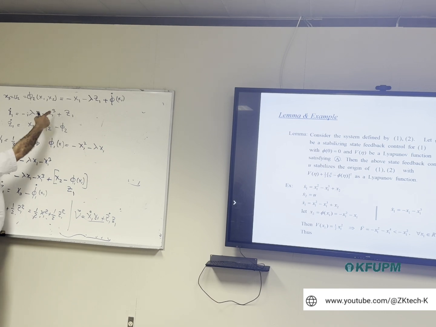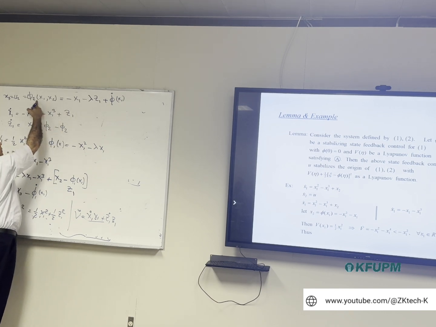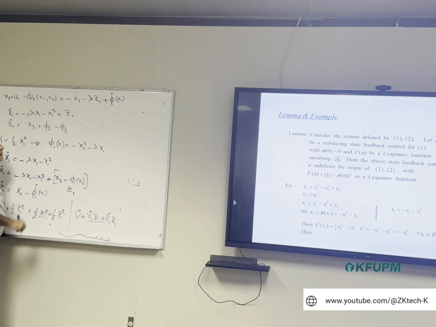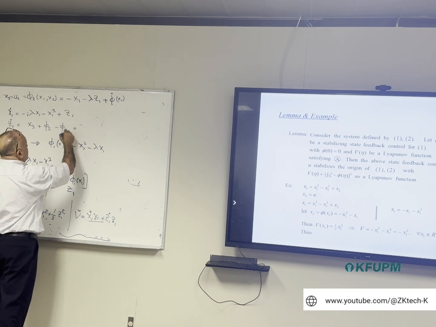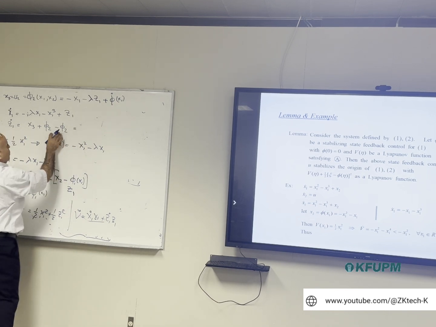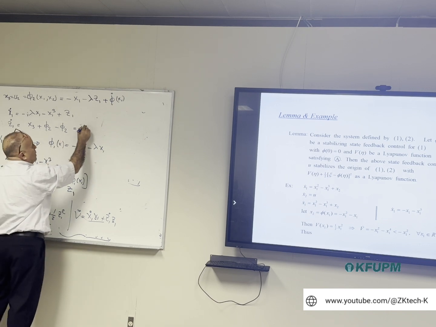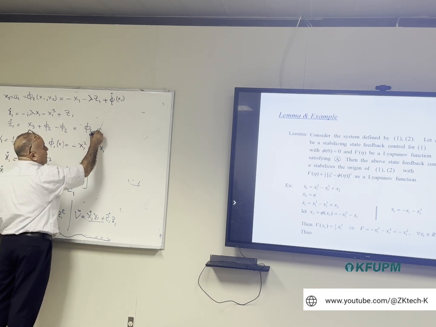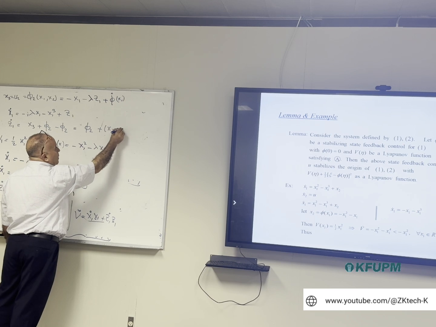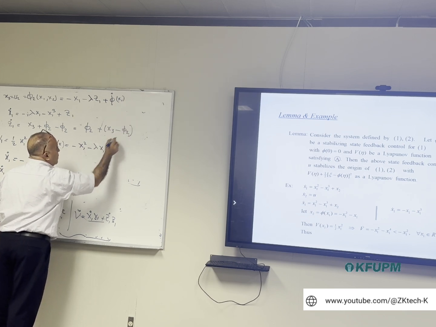Everybody is okay with this? This is the phi 2 that we just found as a function of x1 and x2. So this will be equal to phi 2 plus x3 minus phi 2 together.